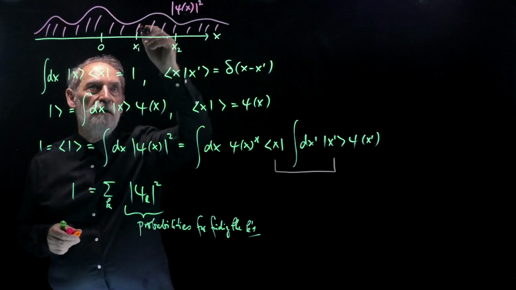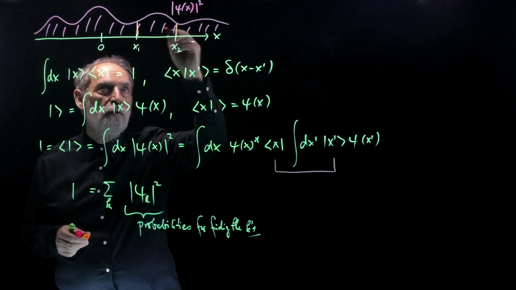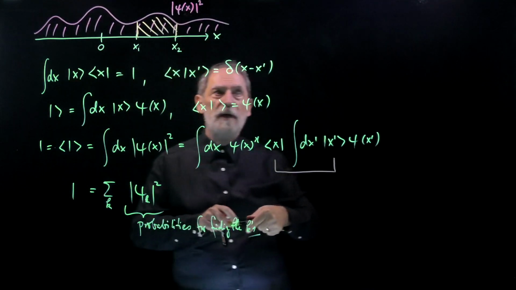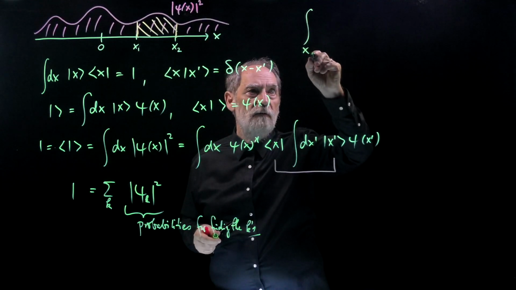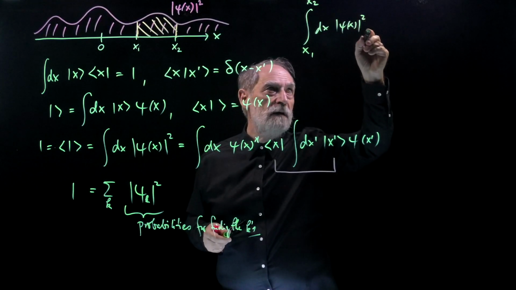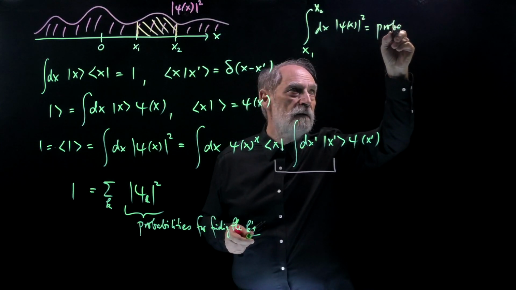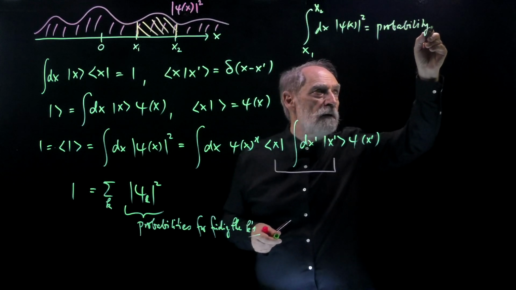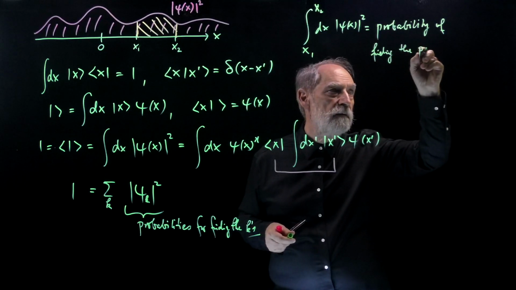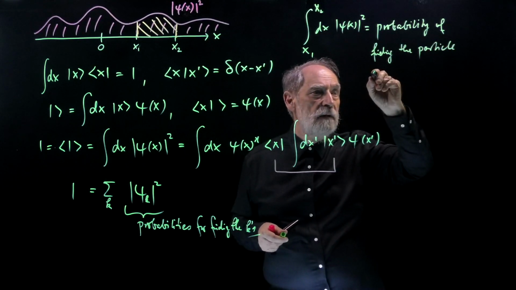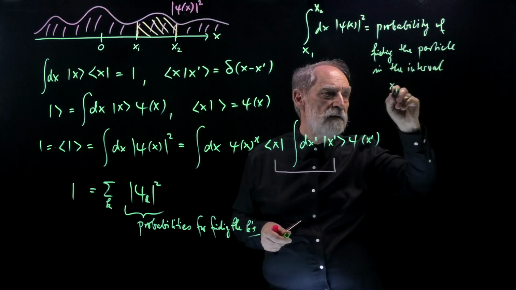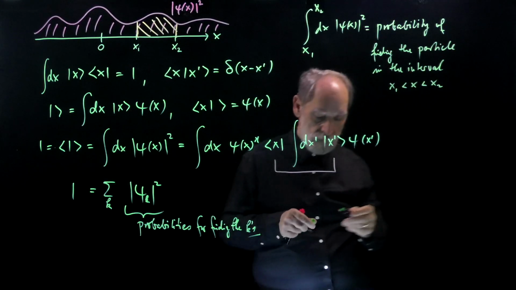However, if we look at a finite interval, just between x1 and x2, we have this area, which I am now picking out by writing an integral from x1 to x2, dx psi of x squared, and that will be the probability of finding the particle in the interval where x is between x1 and x2.